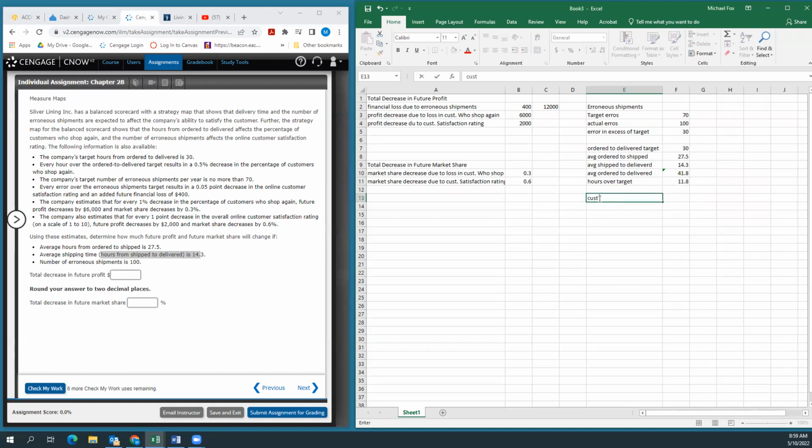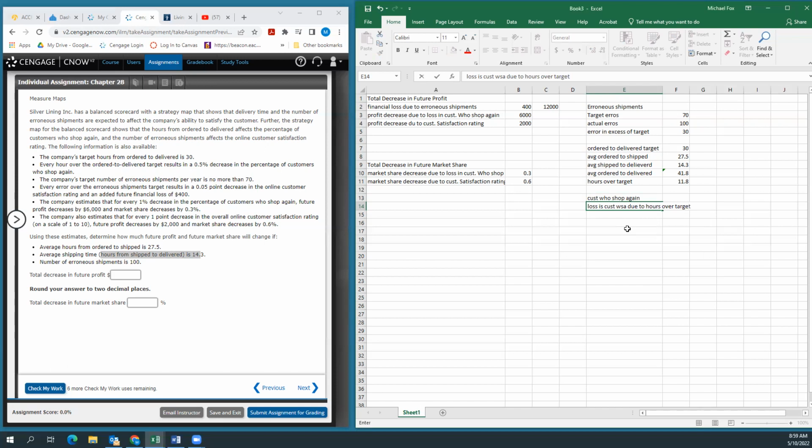So customers who shop again. And this is where we see, okay, so every hour over the order delivered target results in a 0.5% decrease in the percentage of customers who shop again. So I'm going to say, we'll say loss in customers who shop again, WSA, I'll just abbreviate it, due to hours over target.